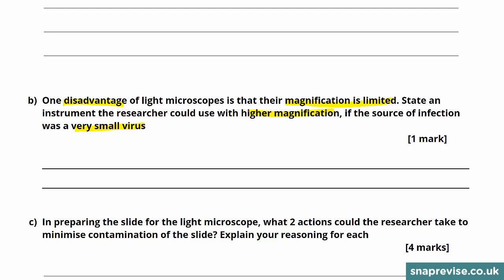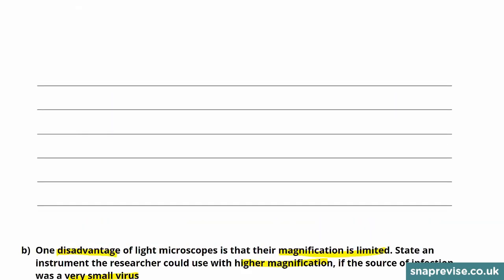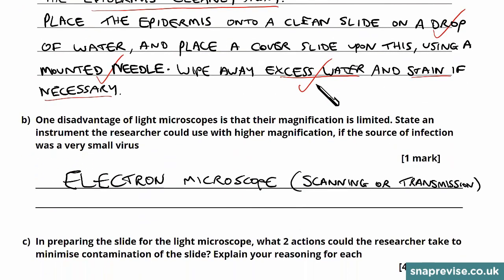Certain things are visible to the naked eye, certain things to the light microscope, and certain things to electron microscopes. A very small virus is only really going to be picked up as a large molecule under an electron microscope. So the answer I've put is simply an electron microscope. You can put scanning or transmission, it doesn't really matter, but that's the mark for that one.